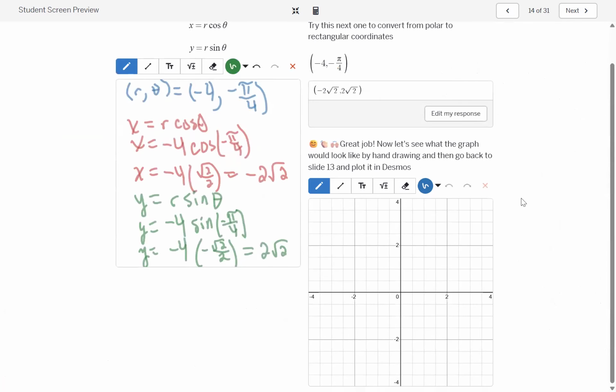So I'm just going to reiterate that on the graph here. So our angle is negative pi over 4. But then we're moving negative 4.